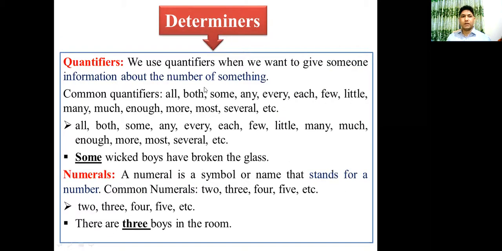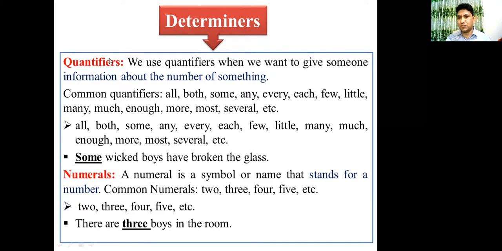Okay. Come to the next one, that is quantifiers. We use quantifiers when we want to give some information about the number of something. That means when we provide information about the number of something, in such cases we use quantifiers.